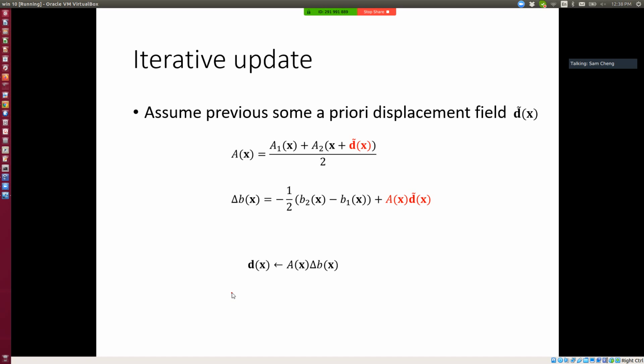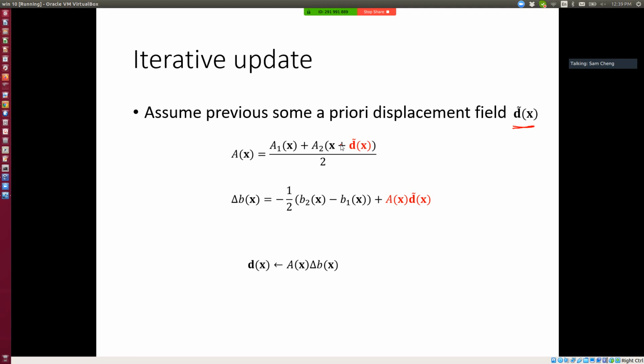Let's say I run it one time and find the disparity, equal to this D tilde here. Now I know the approximate disparity of the first one and the second one. Then I can shift the second one by this D tilde. I can update this A as the mean of A1x and A2x plus this D tilde, instead of A1x and A2x.